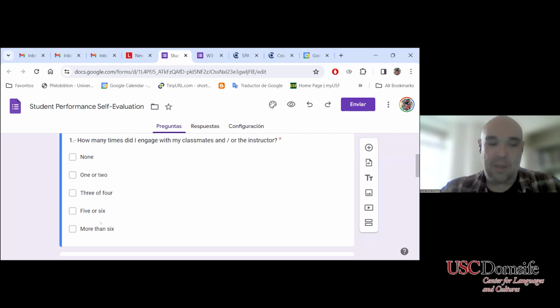Which means that, in my opinion, what we need to do, and this is the main reason for me to be here participating today, I'm more willing to listen than offering my own experience. My experience is very clear. It worked very well during the pandemic, and it is not working well now that we have returned to the normal interaction.